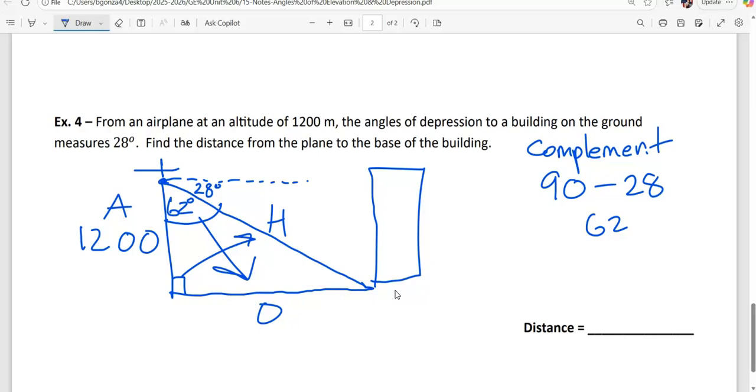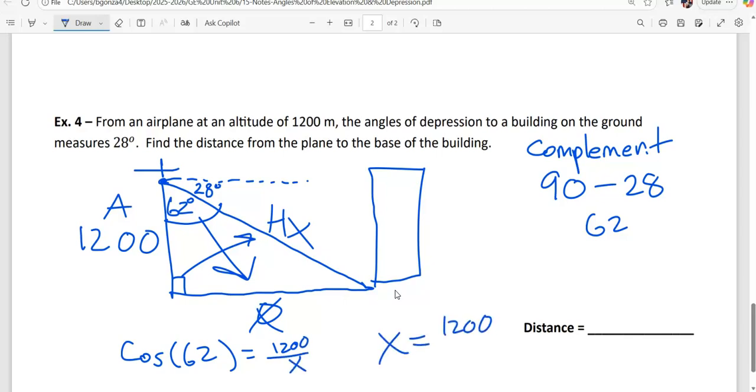I'm going to label OHA. I'm looking for the distance from the plane to the base. So this is where my X is. Straight from the plane, straight to the base. So I don't need O. AH is cosine. Cosine 62 equals A over H. Switcheroo, you get X equals 1200 over cosine 62.